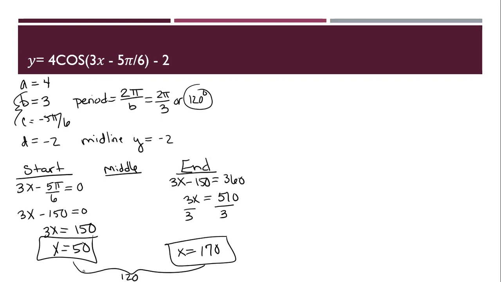But if the whole wavelength is 120, then half the wavelength is 60 units. So hopefully when we do this math, if we start at 50 and travel 60 units, we should land at 110. So 50 plus 170 divided by 2 is equal to 220 over 2. And that is equal to 110.